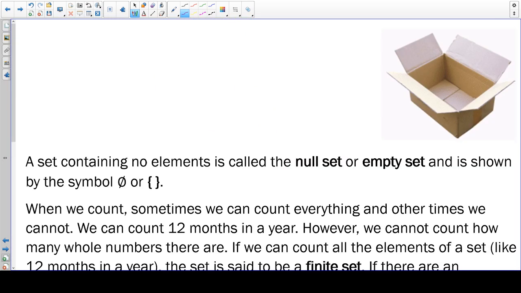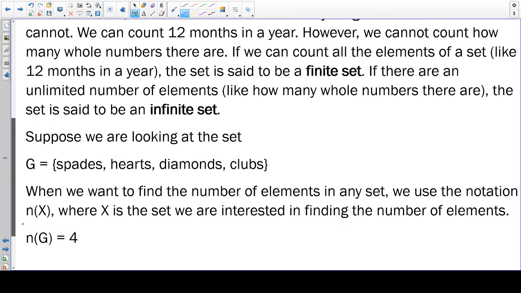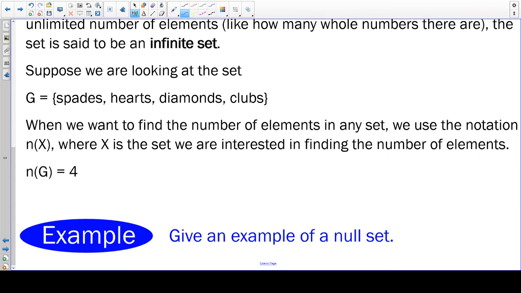We talked about the null or empty set. Now what we're going to do is talk about this. Suppose we're looking at the set G equals spades, hearts, diamonds, clubs.